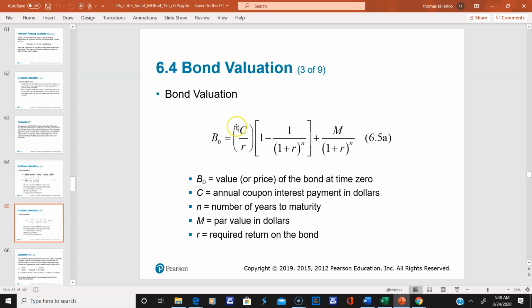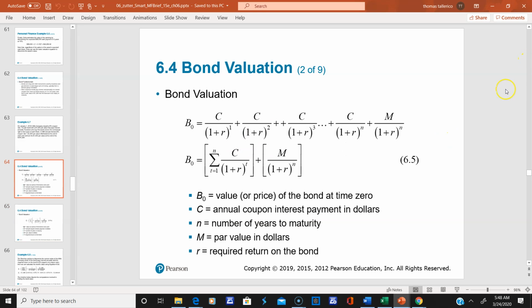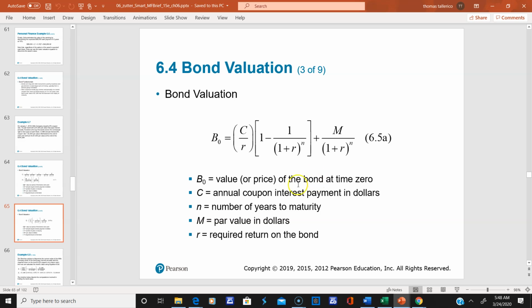So this is another way of writing it. There are many different ways of writing this equation for a bond. So this portion here can be rewritten this way, okay? And again, here's the money coming back, which hasn't changed. So there's a couple different ways to write the bond equation.